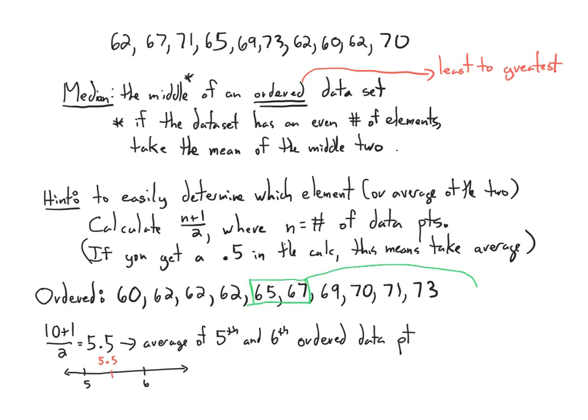So I'm going to take the average of those, so that is 65 plus 67 divided by 2, and that gives me 66. So we say the median, and a lot of times we use the capital letter M for that, in this case is 66 inches.